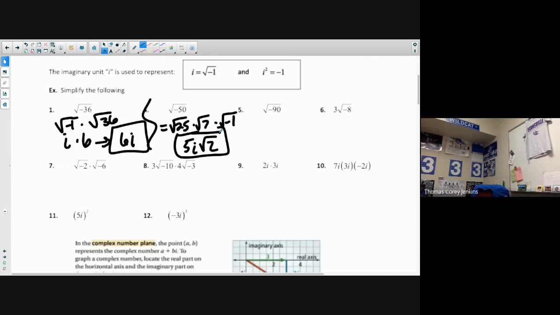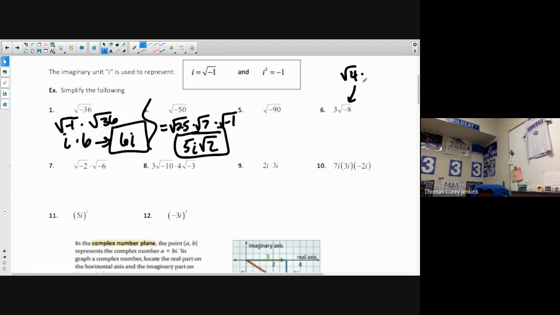Okay. I'm going to leave number 5 for you. Let's look at number 6. On this one, breaking down the square root of negative 8. A perfect square that goes into that would be the square root of 4.